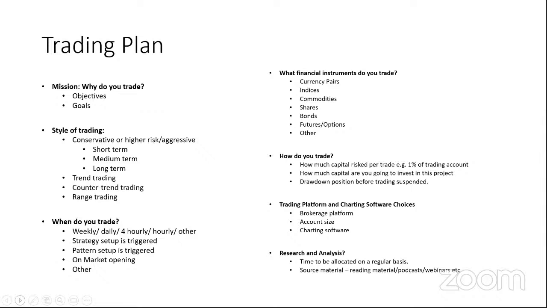Know what your drawdown position is before trading is suspended. What I mean is, have a percentage that you are able to lose. Nobody likes to do it, but we have to be realistic. It's a cost-benefit analysis: how much can you lose before you shut the computer down and walk away?